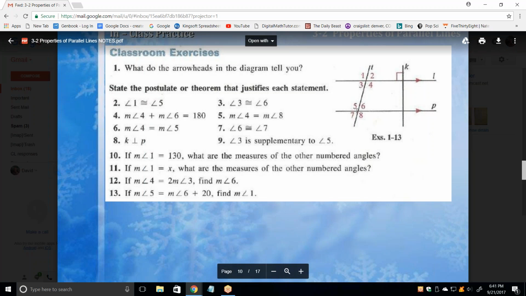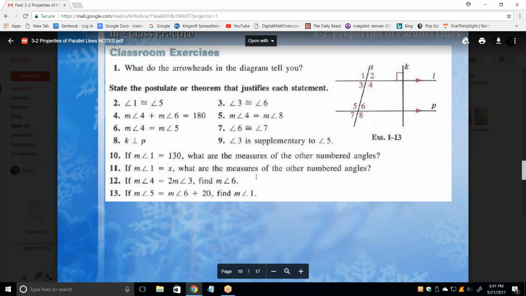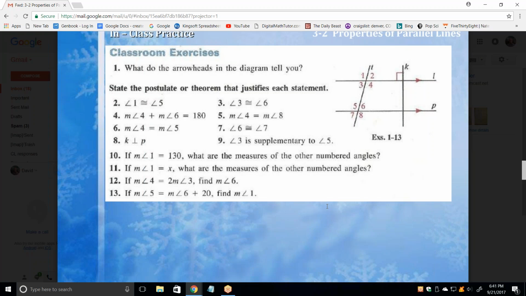Here's a case where 3 and 5 are consecutive, but they're not a linear pair. We can't say they're supplementary because they're a linear pair. We can say 5 and 7 are consecutive and supplementary because they're a linear pair. But 3 and 5, we only know that is supplementary because of that theorem that says consecutive angles are supplementary. I don't even remember seeing that in your batch of theorems, but that is a principle that you can use.